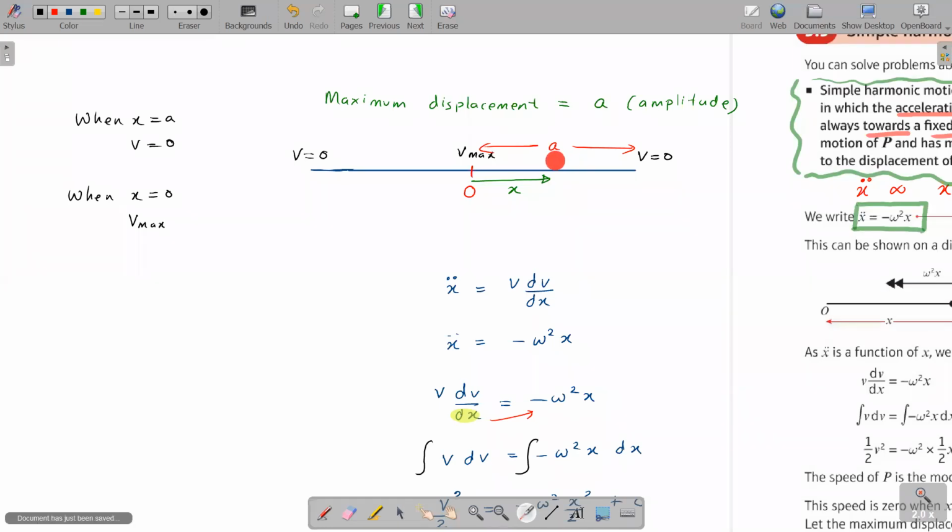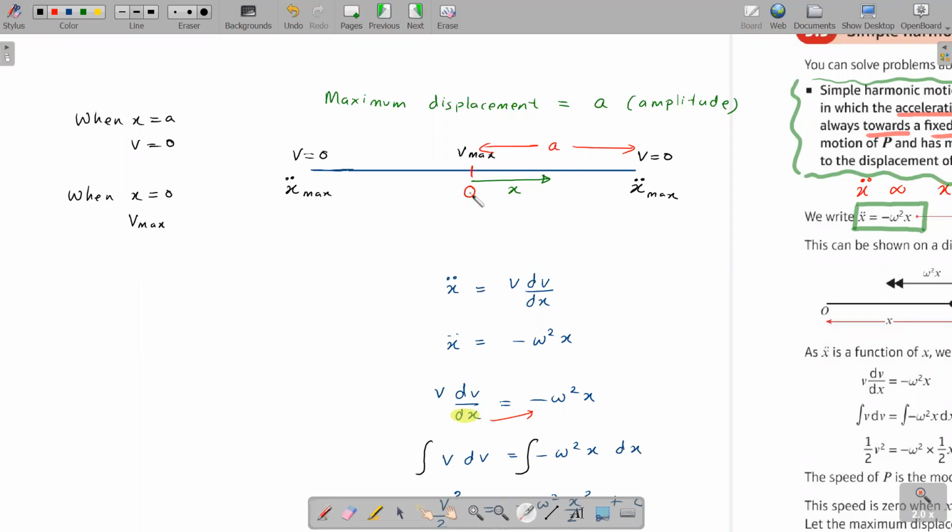When x is the largest possible value, which is A. Do you agree? A and also minus A. If you take it to the other side, x equal plus A, x equal minus A. So over in these two sides, at the two corners, when the velocity is 0, you have the maximum acceleration.